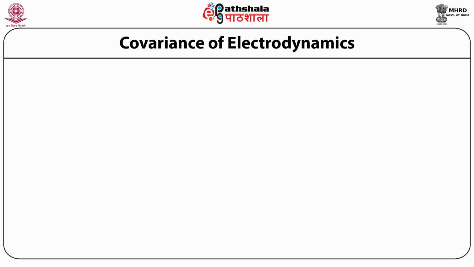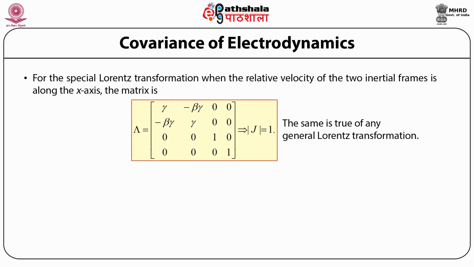Covariance of electrodynamics. Now, for the special Lorentz transformation that we have been considering, when the relative velocity of the two inertial frames is along the x-axis, the Lorentz transformation matrix is given by lambda, a 4 cross 4 matrix. The first row elements are gamma, minus beta gamma, 0, 0.